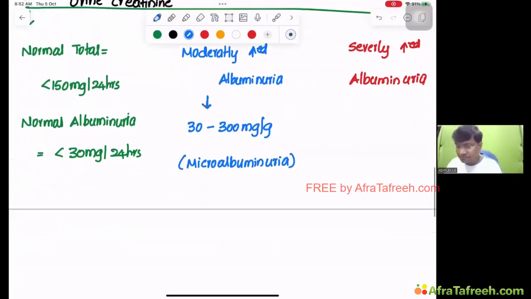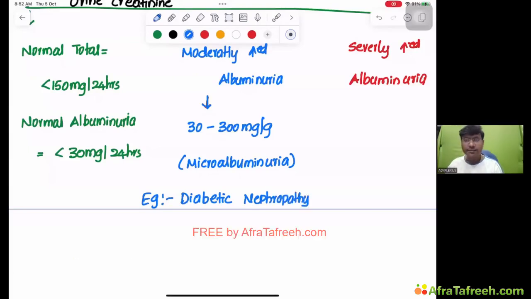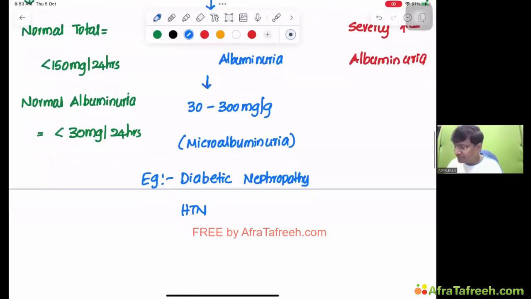Now, what are the conditions where you will have this moderately increased albuminuria? You have that in patients with diabetic nephropathy, and you have this in patients with hypertension, and you have that in patients with glomerulonephritis.